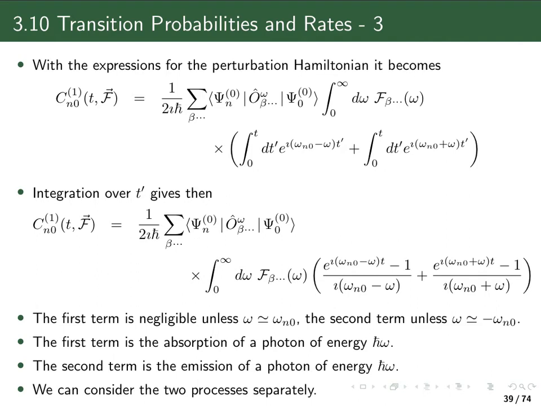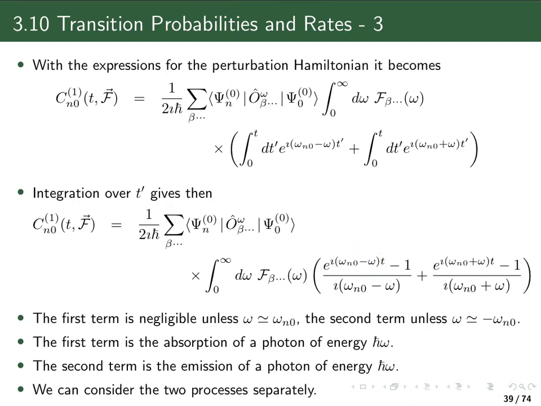Now, if you look at that, in both denominators I have a difference between the transition frequency, which is the energy difference between the two states divided by h bar, and the frequency of our radiation. But I also have the same difference between the frequency up here and the exponential.